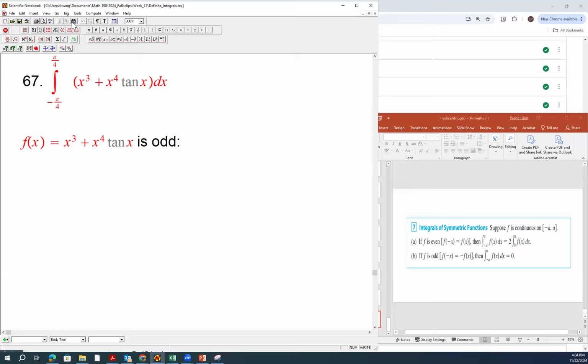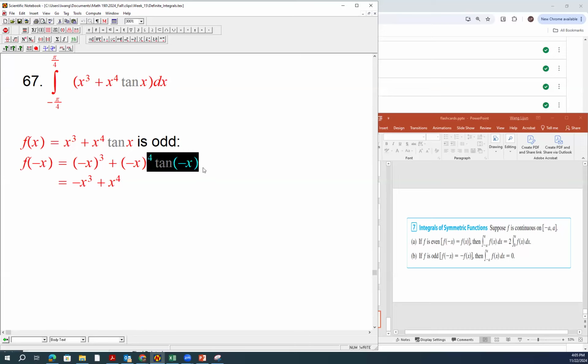If we plug in f of negative x, all the x will be substituted by negative x. And then what? We get negative x raised to the power 3, right? Plus negative x raised to the power 4 is the same as x raised to the power 4.